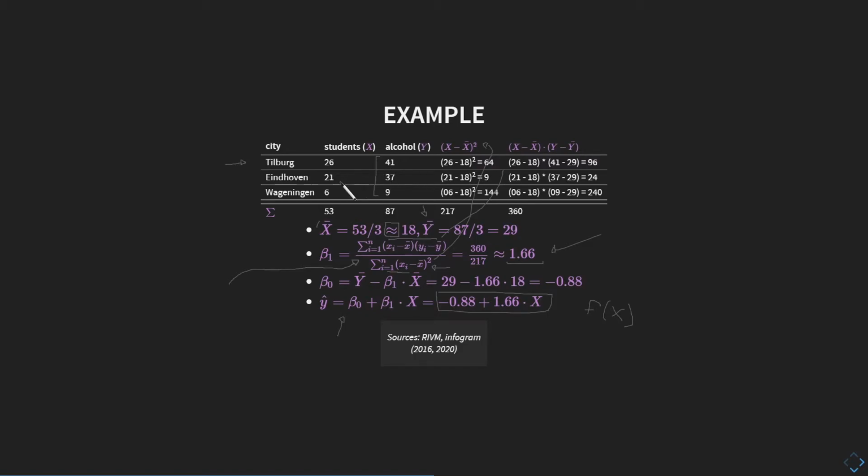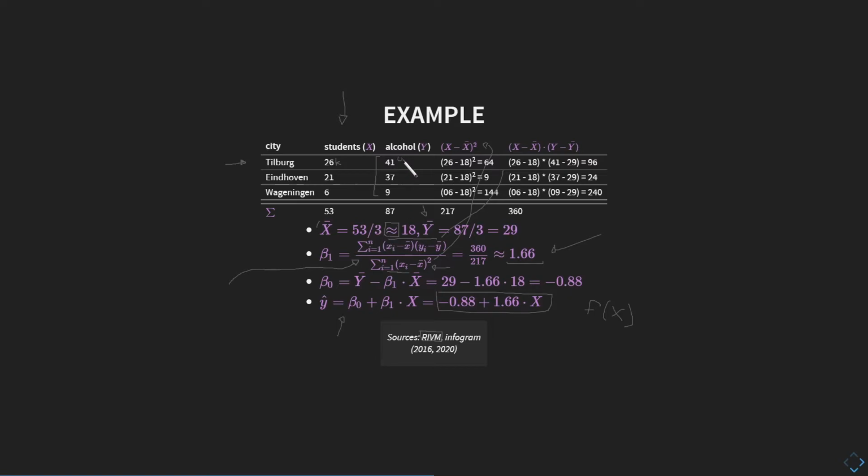Now this example, very quickly, has a few student cities within the Netherlands, and the data is per 1,000, so this should be K, 26K students, and then the alcohol consumption over the norm of the Dutch Health Organization, right?